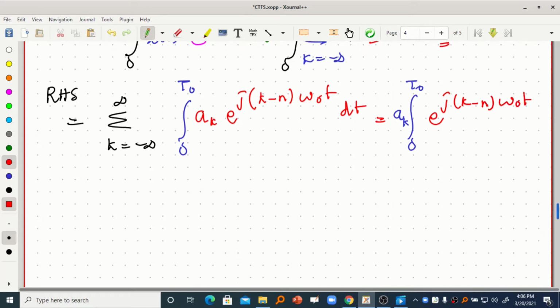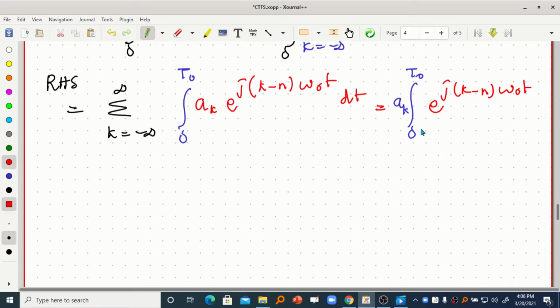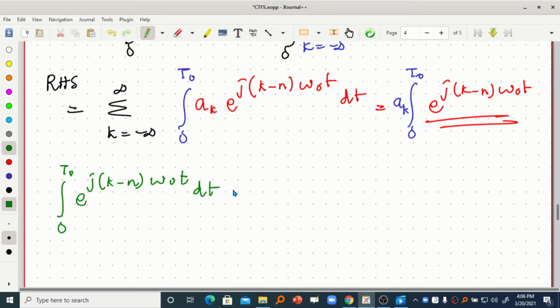So now we are going to concentrate on this particular integral on the RHS of this equation, that is integral 0 to t0 e power j(k minus n) omega 0 t dt. So this is the integral under our consideration, right?